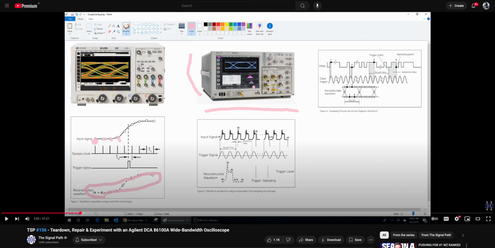The Signal Path has another video where they go deeper into this technology again. Great presentation, great comments as always. I suggest you go through it also. Very good explanations of the difference between a real-time oscilloscope and a sampling oscilloscope.